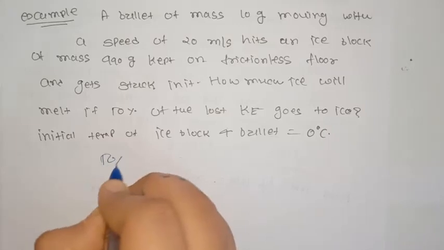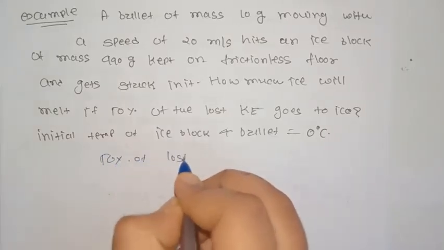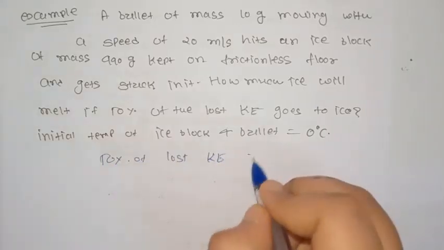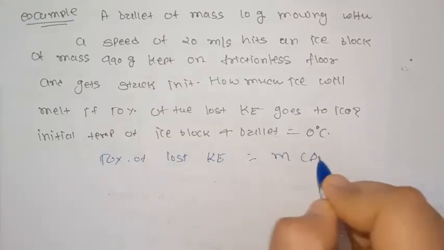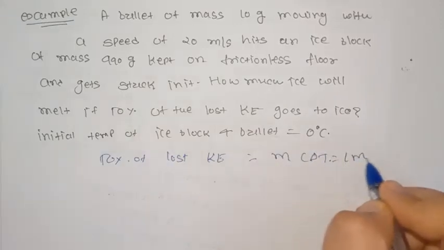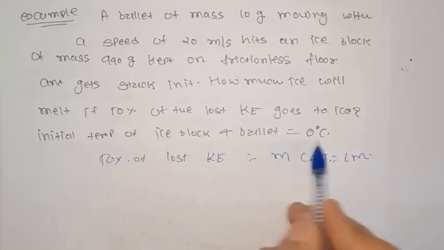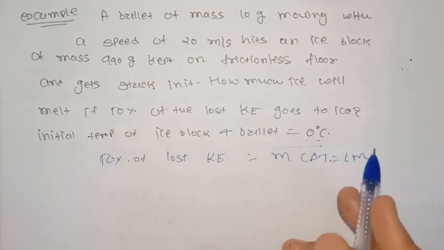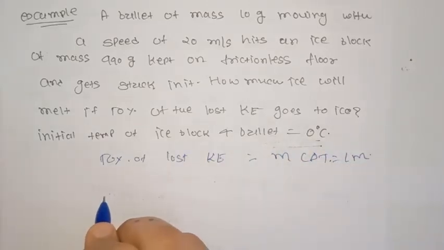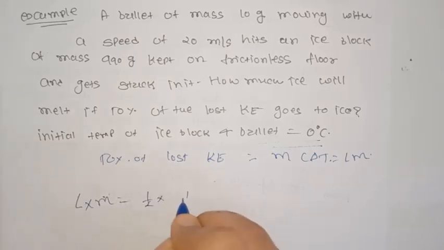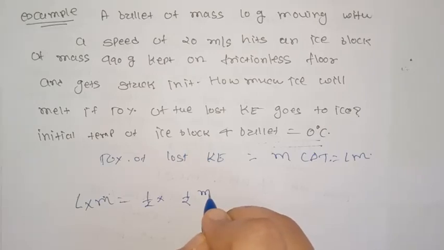The 50% of lost kinetic energy is equal to mc delta T or L into M, because initially it was at 0.